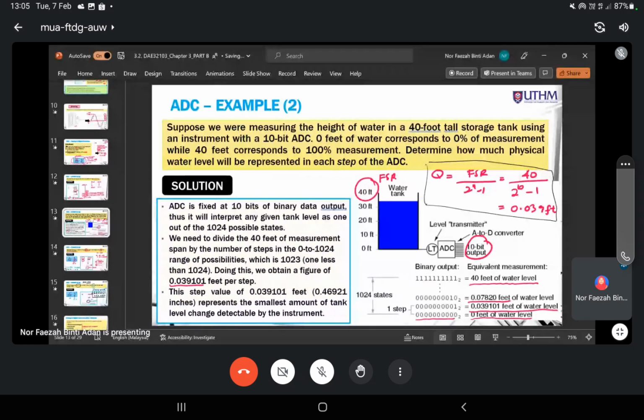If the level is 40 feet, you write down 40 feet, so each increment is equivalent to 0.039 feet. If you want it as a voltage or current signal, put the maximum value of the current signal, say 20 milliamps, divided by 2^10 minus 1, where 10 is the number of bits. You will get the increment for each step in your ADC. So this is the quantization value.